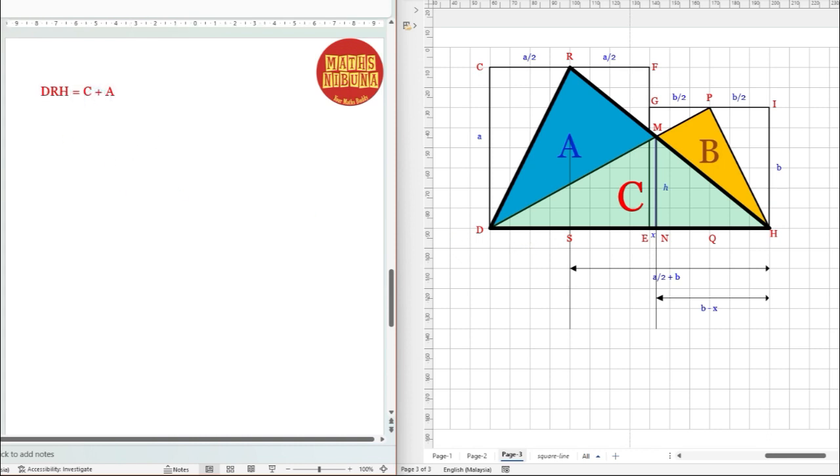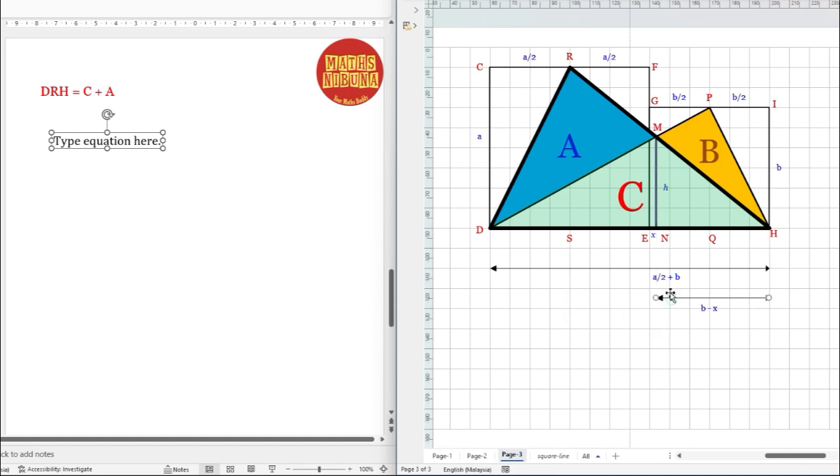DRH is 1 over 2 of height RS, RS is A, and then the base is DH. DH is A plus B, correct? This is A plus B here.